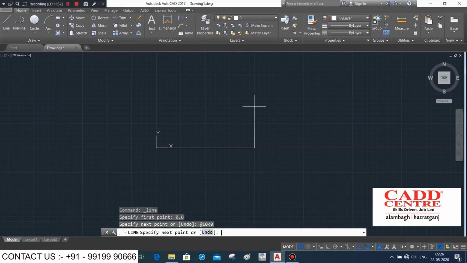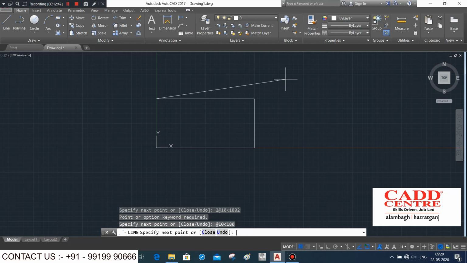Now we will provide coordinates for point C and they are @5<90. Our line has been drawn in y direction at 90 degree. Now we will provide coordinates for point D and they are @10<180.